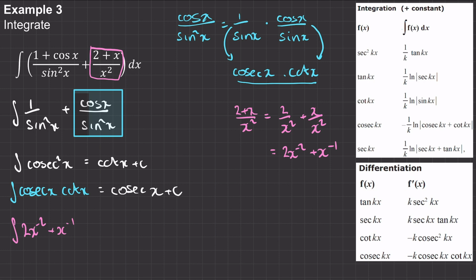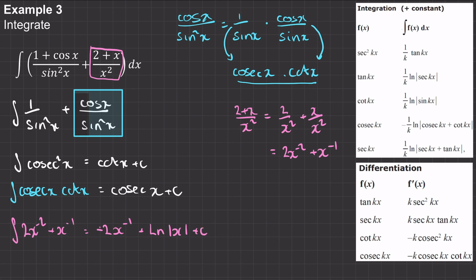And for our final one, we can move a 2 to the front of the brackets. We'll add 1 to the power and divide by the new power. So this becomes minus 2x to the minus 1. And x to the negative 1 is 1 over x, which is a standard integral of ln of x, or the natural log of x.